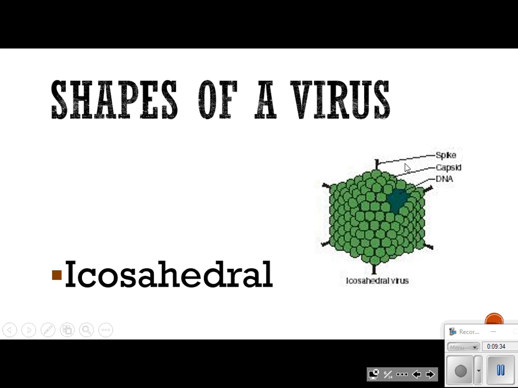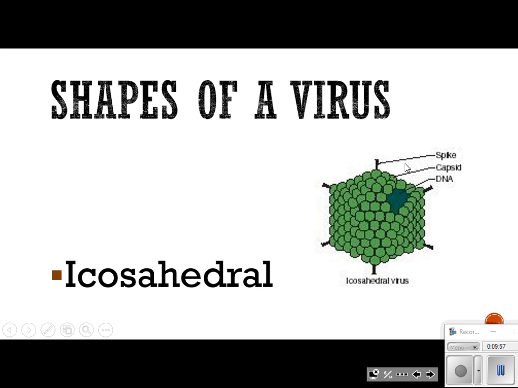Now notice when we talk about genetic material, we know the difference between DNA and RNA, don't we? And we've already seen different viruses that had DNA. This one, the one right before, the helical, had RNA, correct?